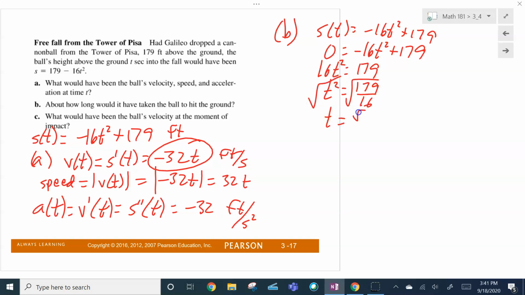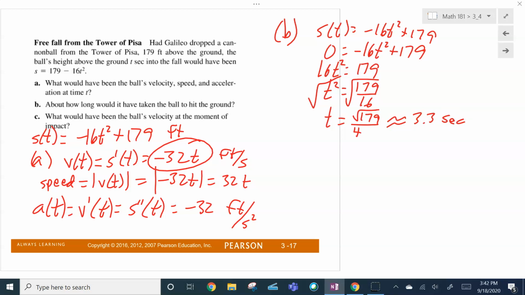So we got square root plus or minus, but of course it's positive. Time is positive here, right? That's your time, which is, let me see what that is, 3.3 seconds. So about 3.3 seconds it hits the ground.